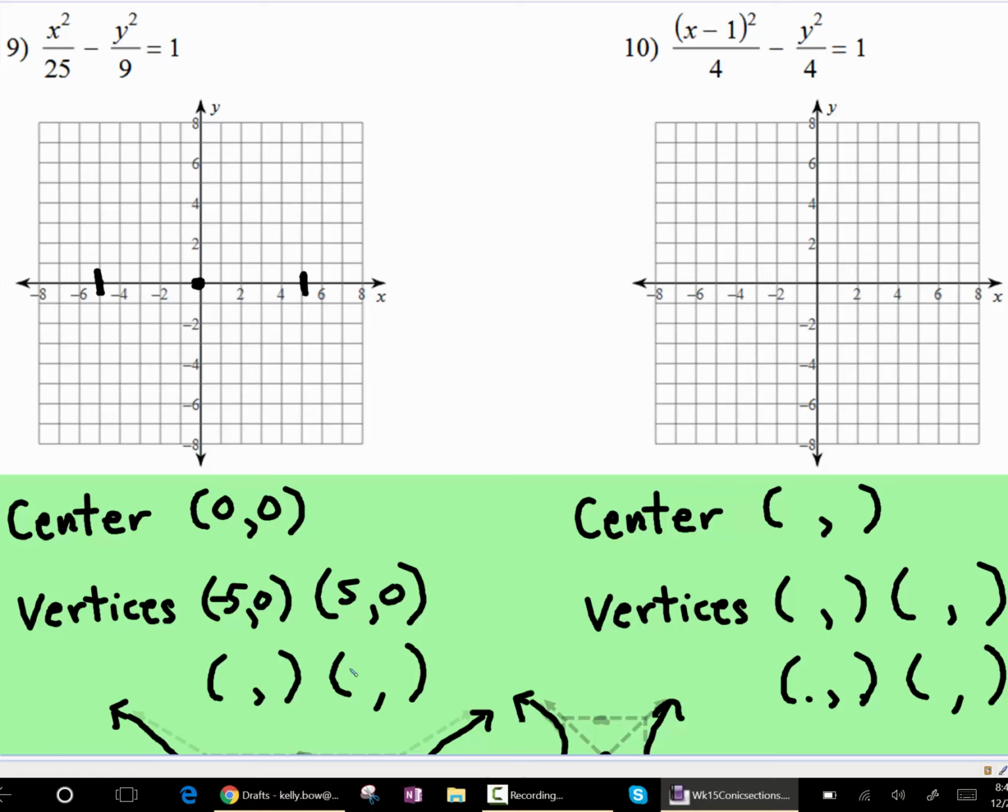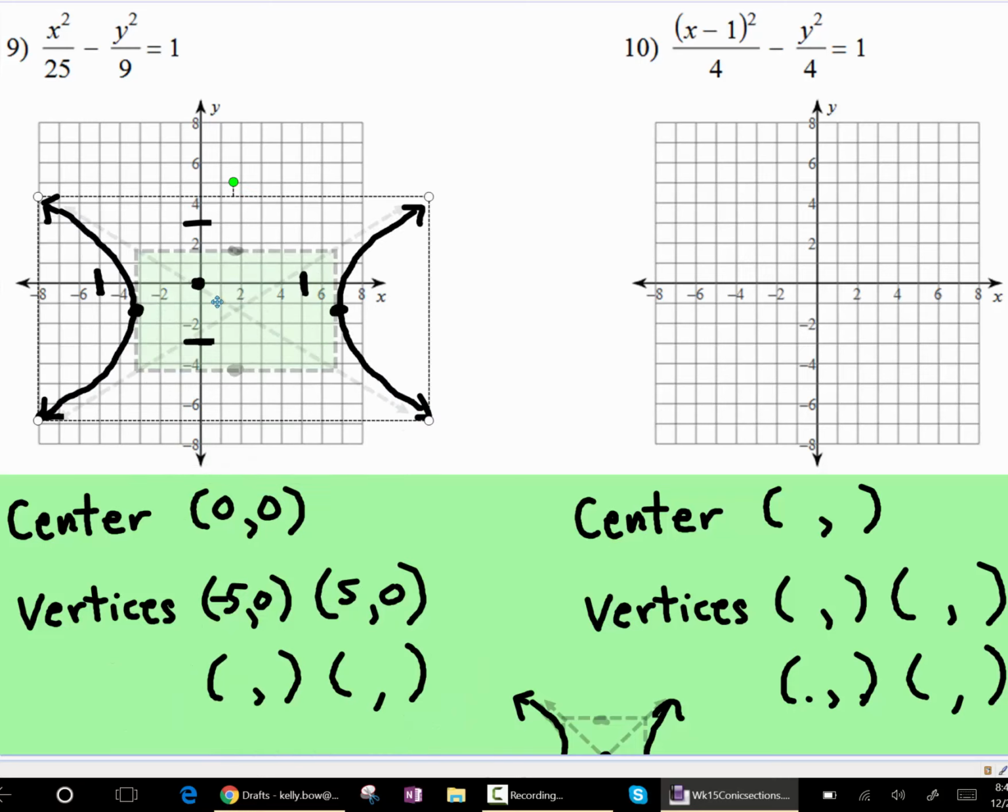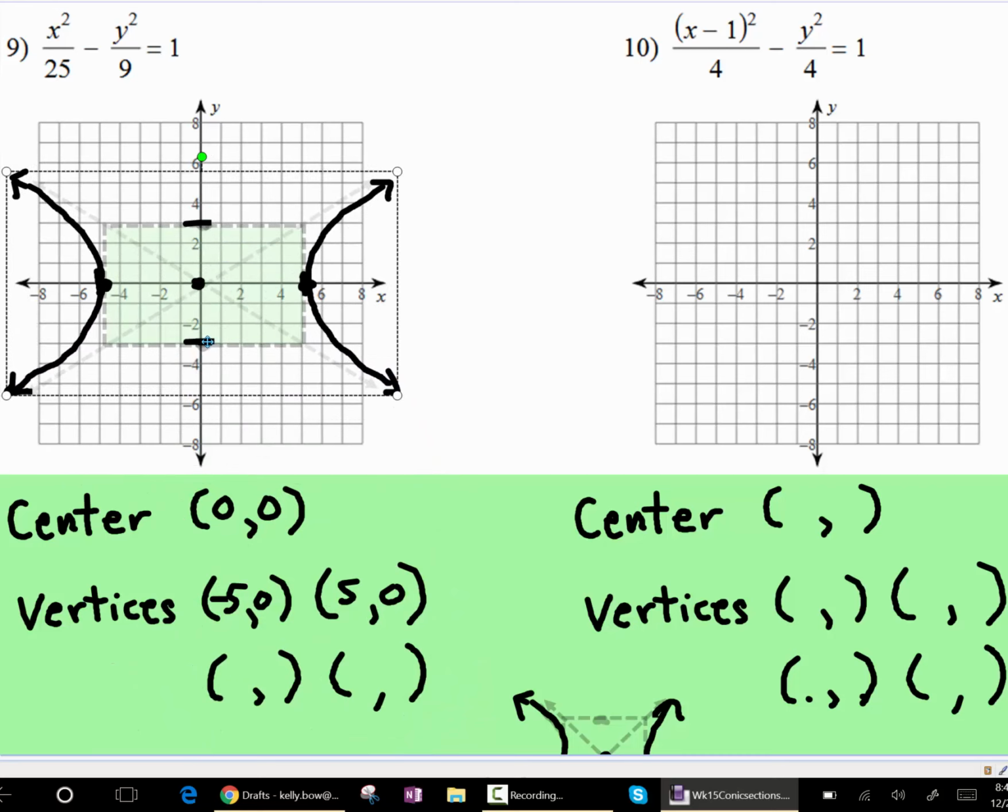But on the hyperbola, we need to name the others because remember we have to draw that invisible rectangle. So the square root of 9 is 3, so we're going to go up 3 and down 3, and then we can draw, there you go. And the reason that you draw the rectangle, I'll change colors, you draw the invisible diagonals through the rectangle.